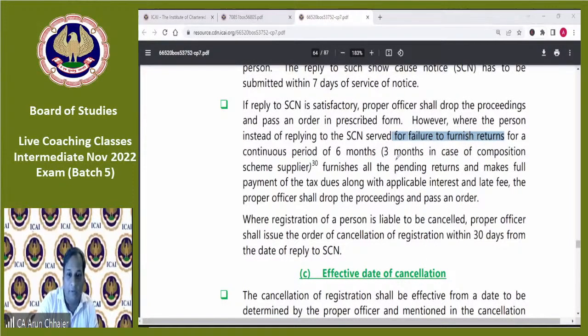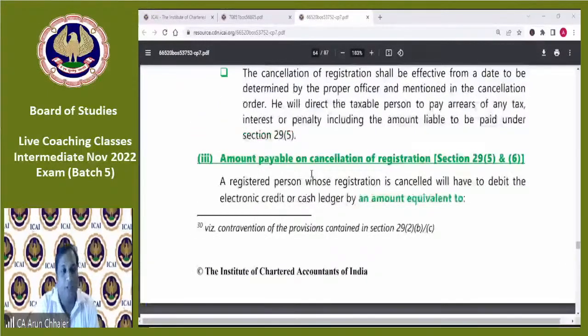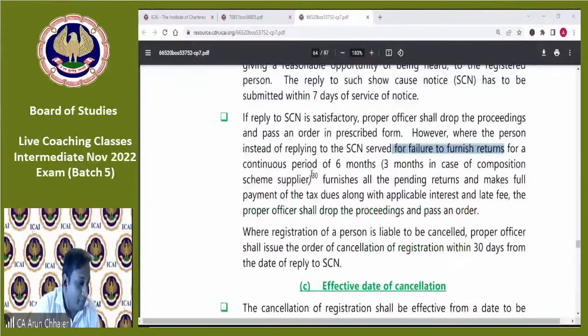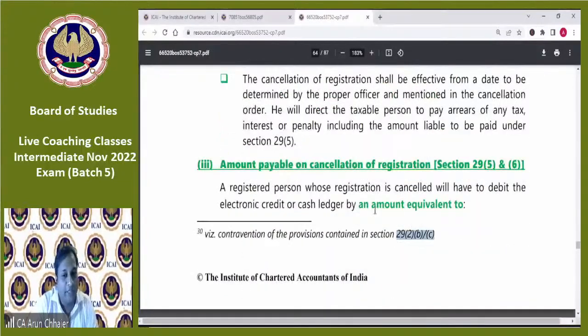No, it would be 3 quarters. Or in case of the regular dealer for 6 months. Correct. Contravention of the provision of 29(2)(b) and (c).